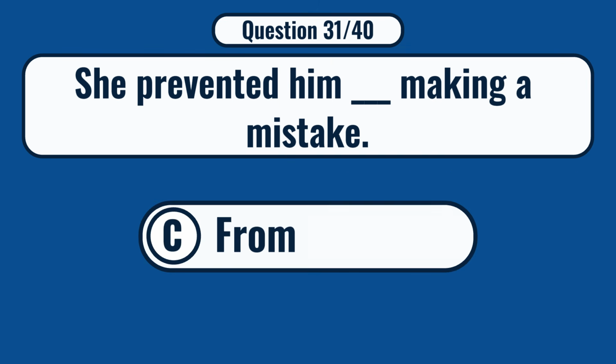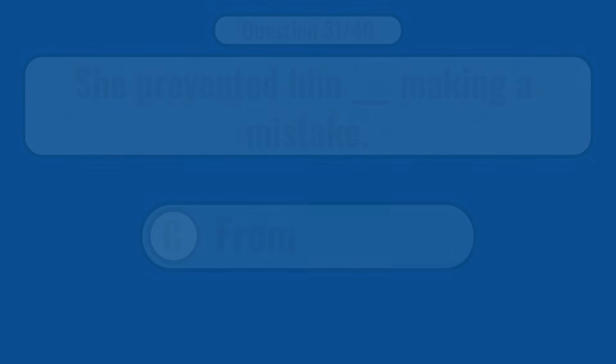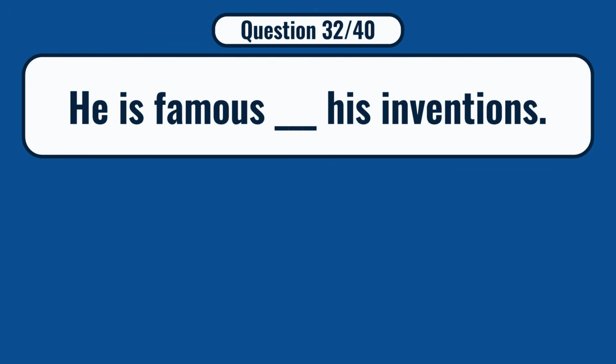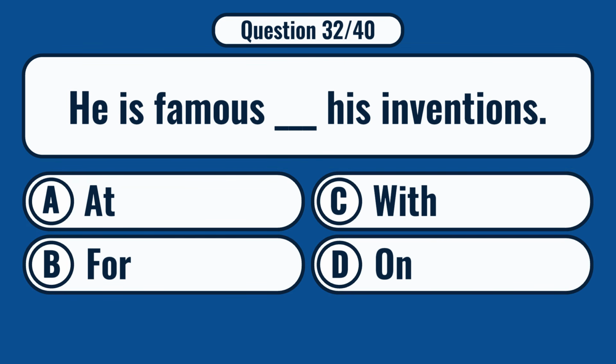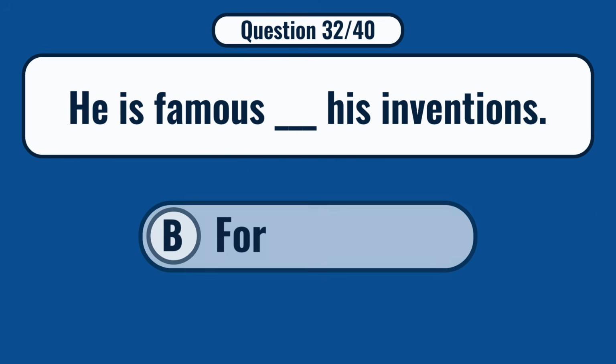Answer C, she prevented him from making a mistake. Choose the correct preposition. Answer B, he is famous for his inventions.